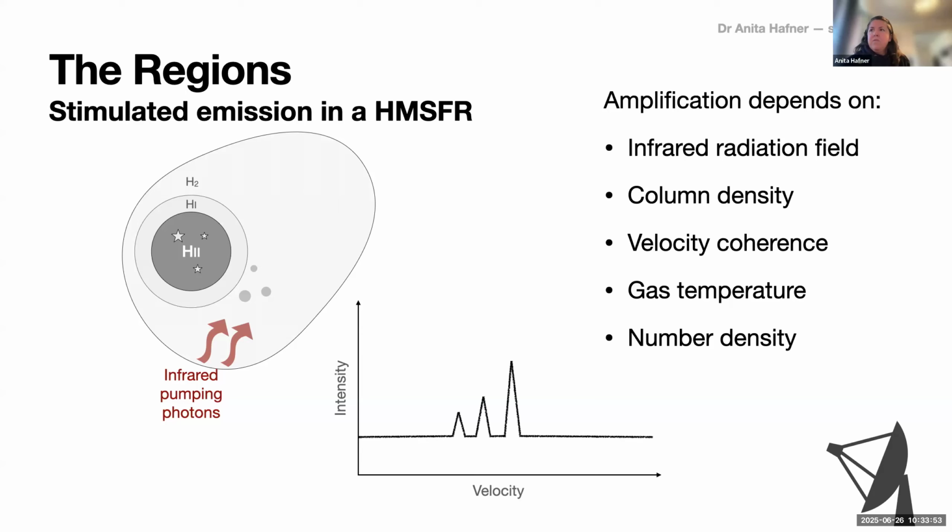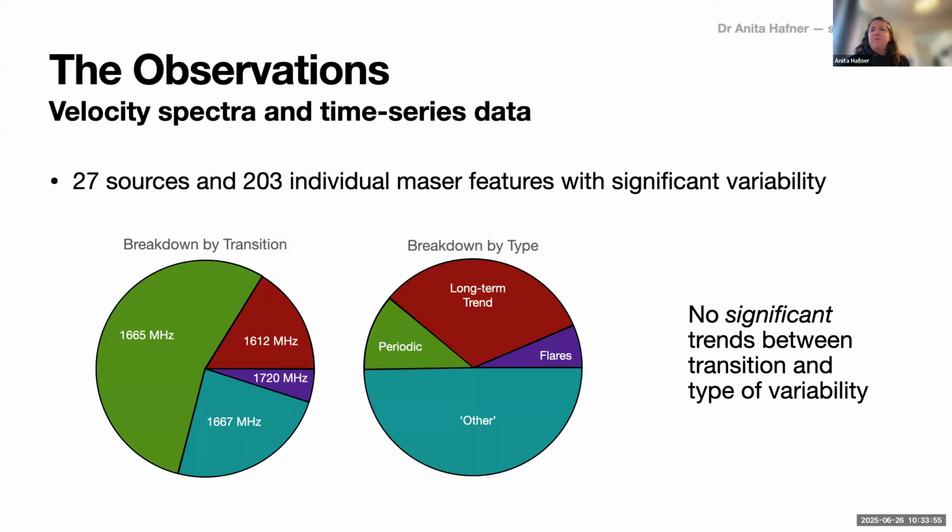If I could give a bit of a summary of the things that we found in this data, we were trying to identify maser features, so that's individual features in the spectra. That's why we've got 203 individual maser features, when I was telling you we only have a data set of about 60 masers.